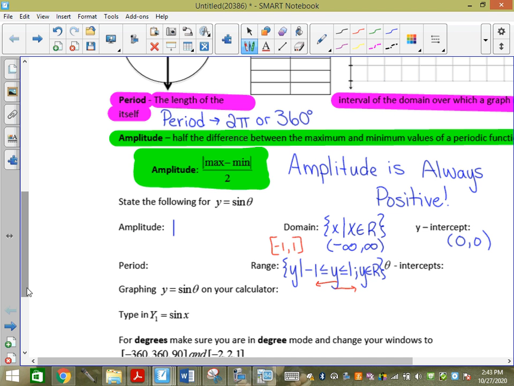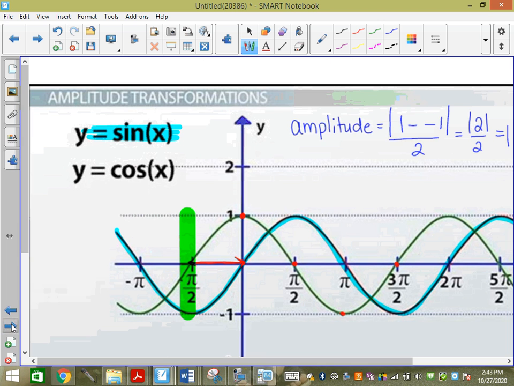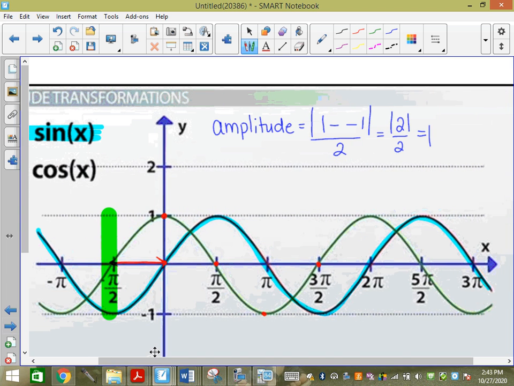What's the period of a sine graph? 2 pi or 360 degrees. And what are my x-intercepts, or my theta-intercepts? Where is this blue graph crossing?